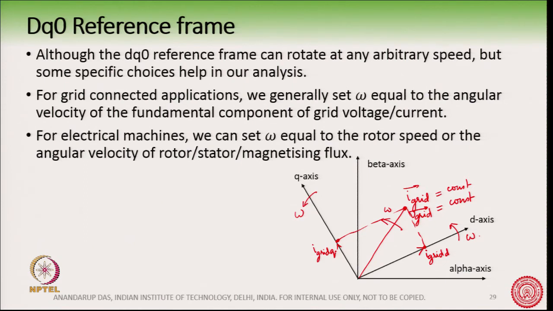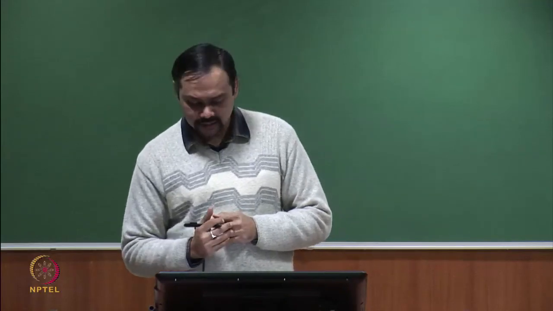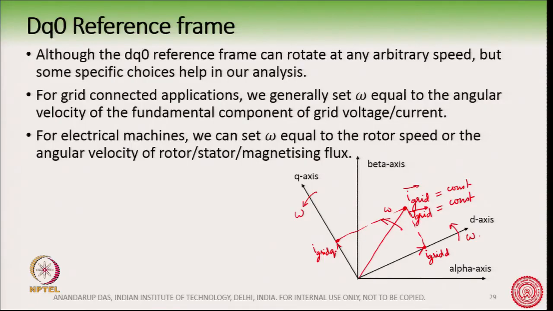However, this is for grid connected applications. Usually omega is set at the same speed as the fundamental component of grid voltage or current. But for electrical machines, we can set that omega differently. For example, for induction machines, we can set omega equal to omega rotor.